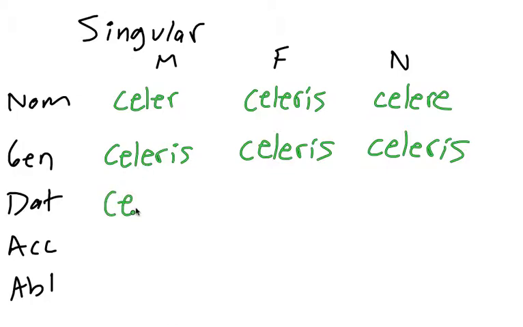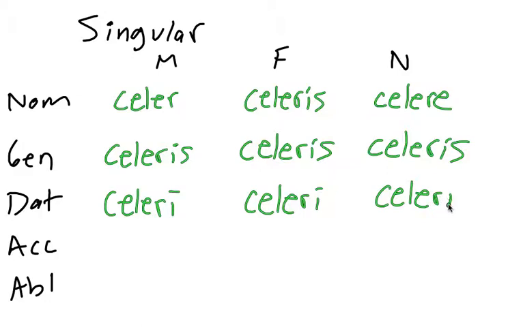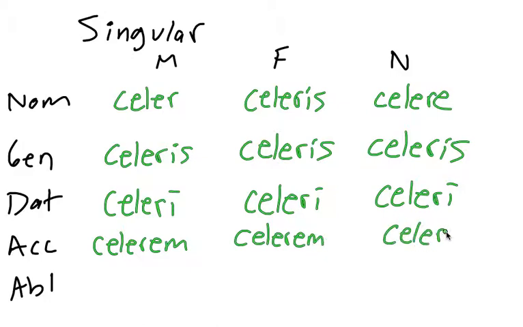Okay, so dative forms would be celeri, celeri, celeri, just like regular third declension. Okay, accusative singular, celerem. Feminine is also celerem. And then the neuter is celere, because remember nominative and accusative are always the same in neuter.